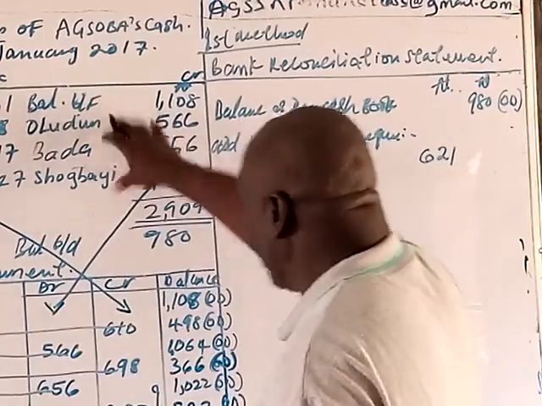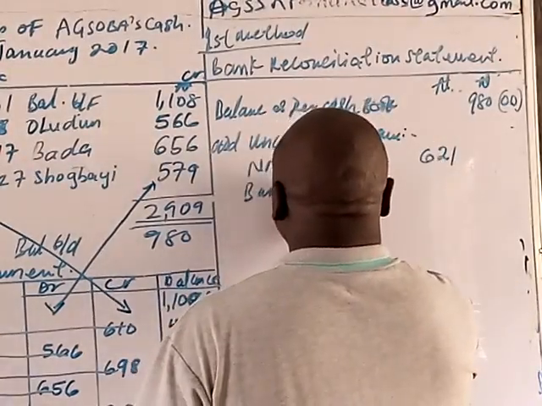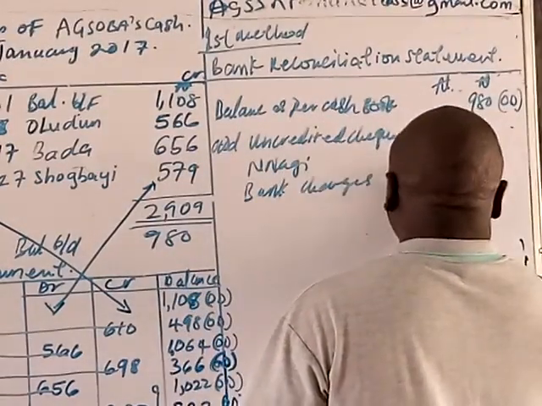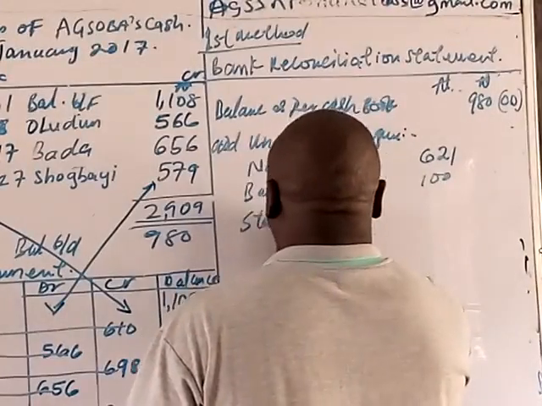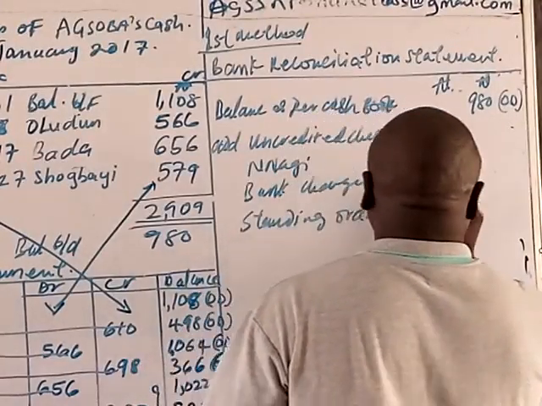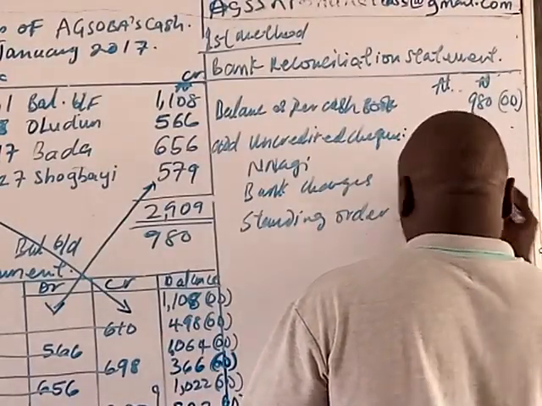So what you do now is you have your bank charges. Our bank charges is 100. Our standing order is 50. You add it together, you give us 771.